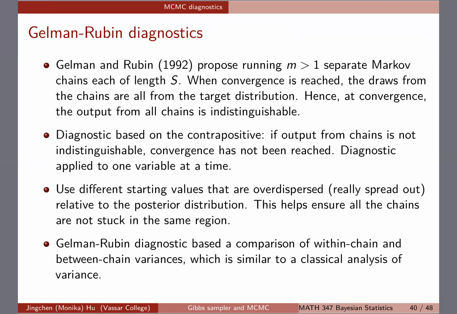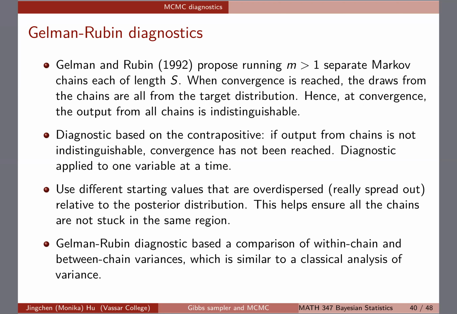But in the past, when MCMC was first proposed in 1990, there was a lot of work following that. One thing is the Gelman-Rubin diagnostic. What they do is run M, larger than one, separate Markov chains, each of the same length. Then they assume that convergence is achieved for each chain, and look at how different the draws are across chains.